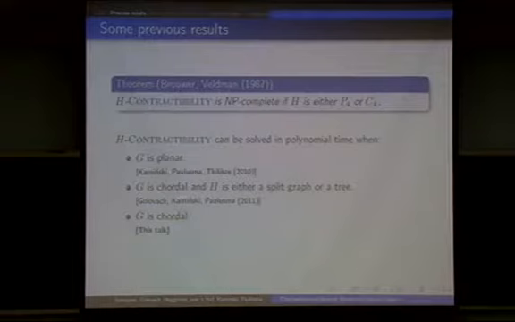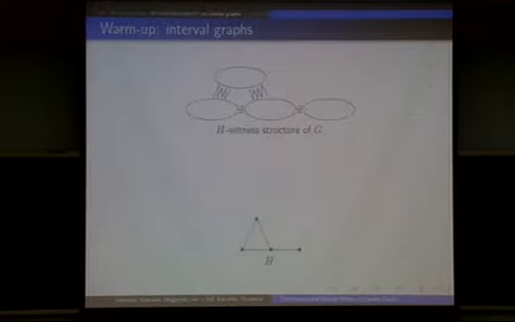What we show now is that you can extend this result to the case where H is basically any graph. Actually you can restrict yourself to the case where H is chordal, because if you contract edges of a chordal graph, you always end up with a chordal graph. First let's start with something a bit simpler than chordal graphs, namely interval graphs.